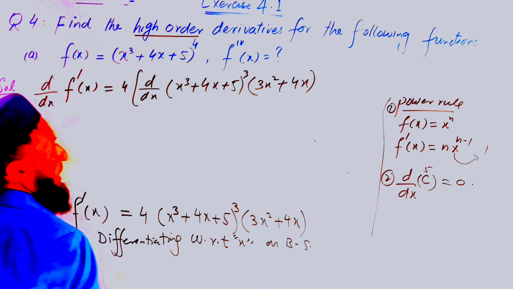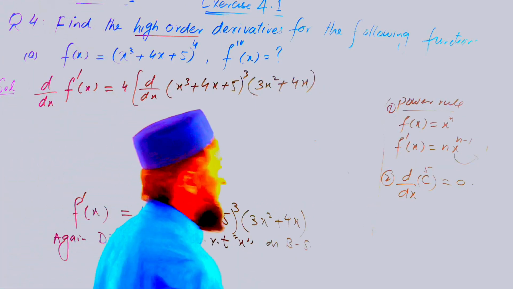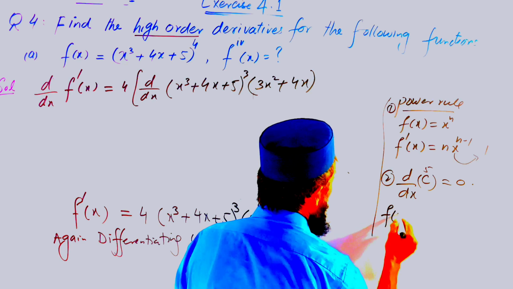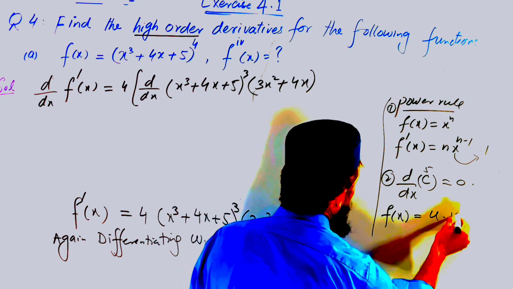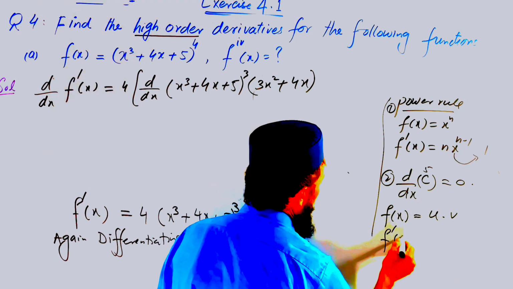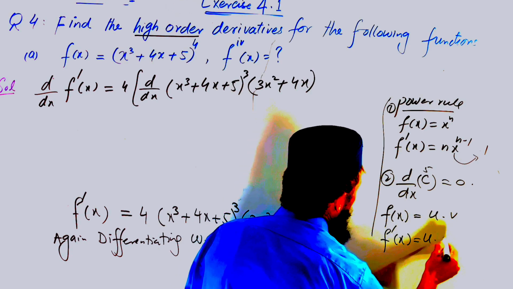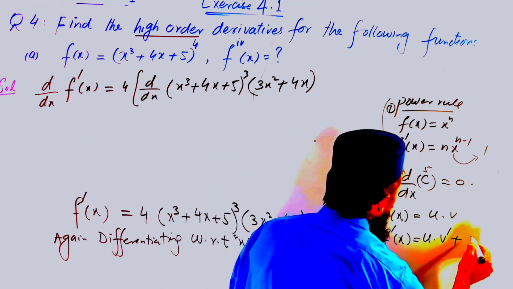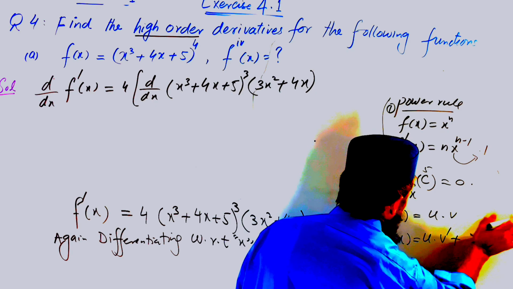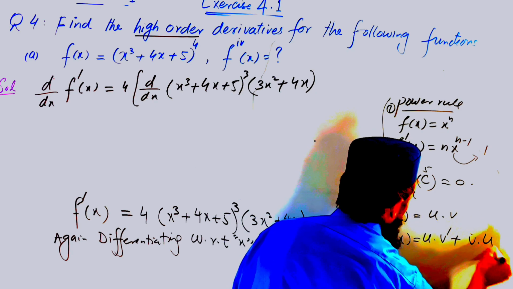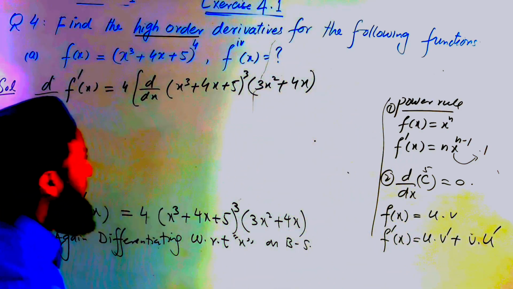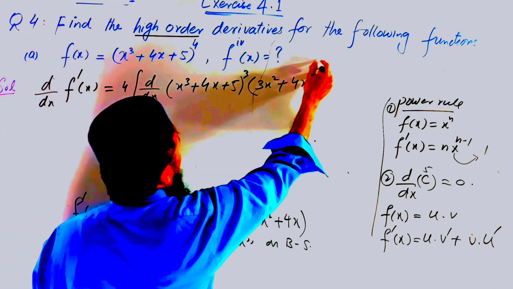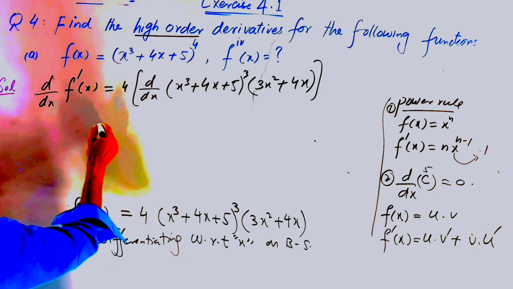Now we are using the product rule. We know that for f of x equal to u times v, we take the derivative of the second function plus the derivative of the first function.